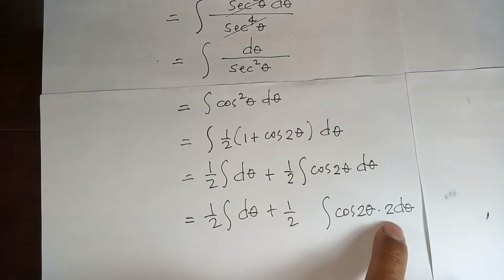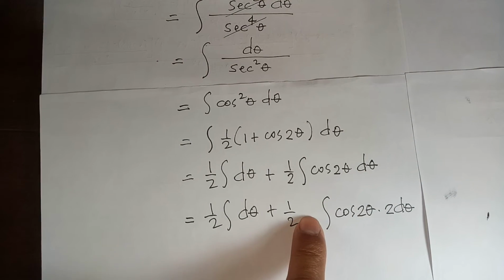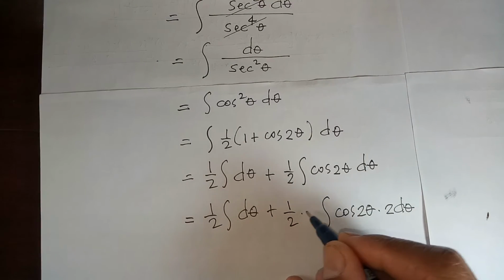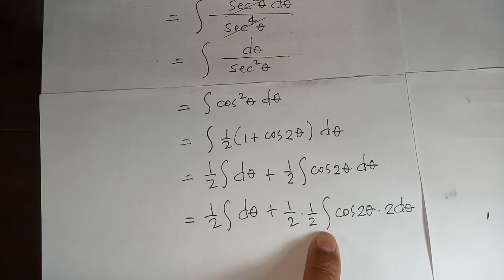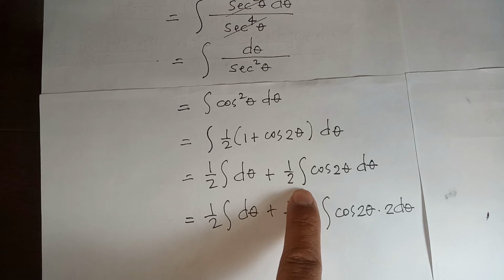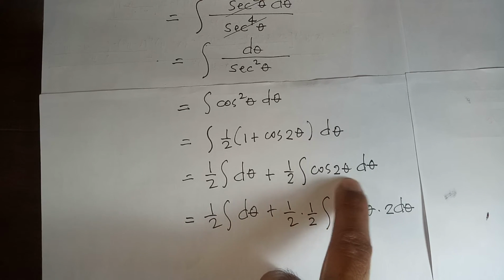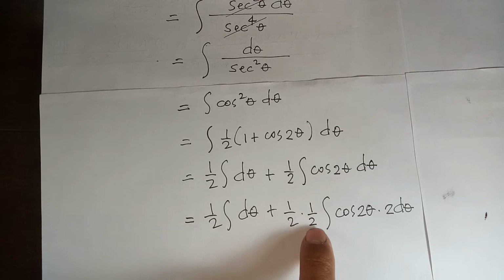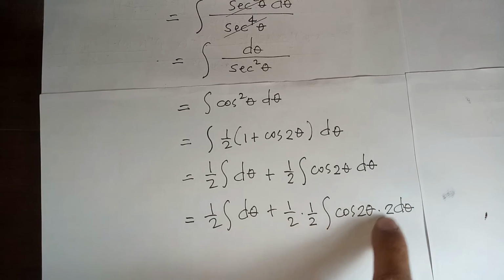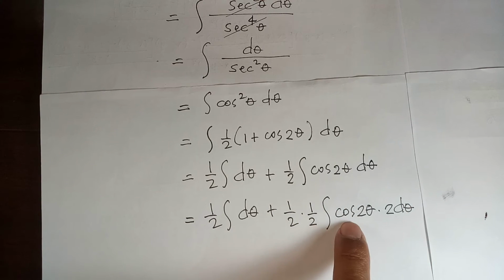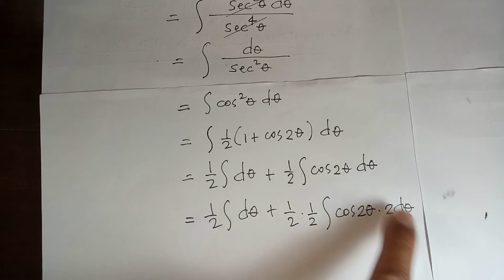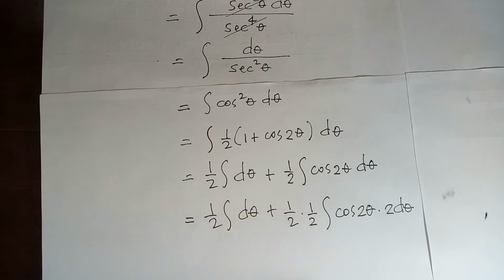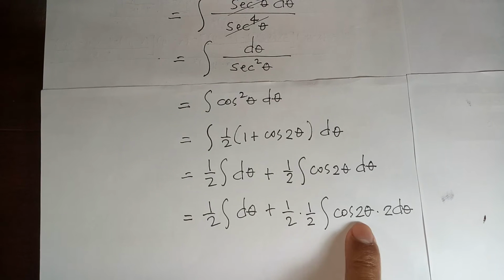At the same time, dahil nag-multiply tayo ng 2, mag-multiply din tayo ng 1/2. Dito natin sa labas lalagay, para hindi mabago yung ating problem na 1/2 integral of cosine 2 theta d theta. So you see, 1/2 times 2 ay equal din sa cosine of 2 theta d theta. Katulad lang siya noon. So this is now readily integrable.